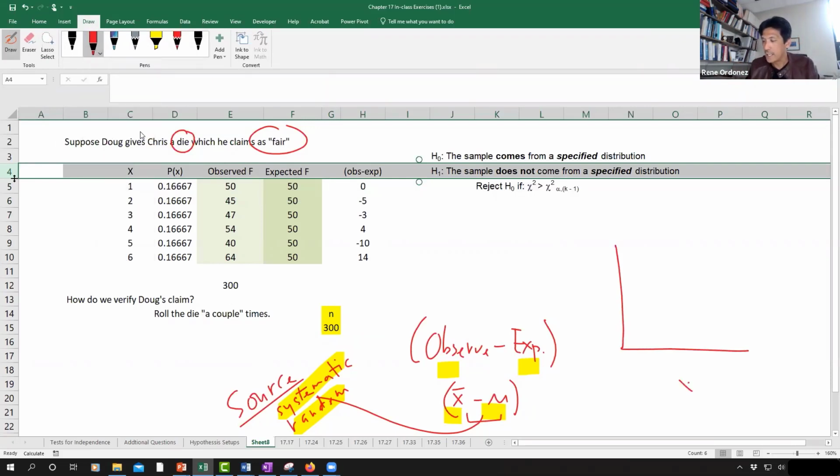Okay, so here's X, 1, 2, 3, 4, 5, 6. And here's P of X, the probability of each X. The probability of each X is 1/6. All right. So 1 will have a bar that goes that way, 2, 3, 4, 5, 6.